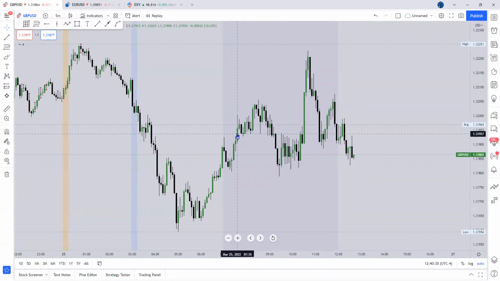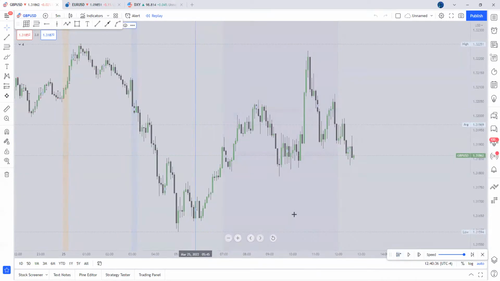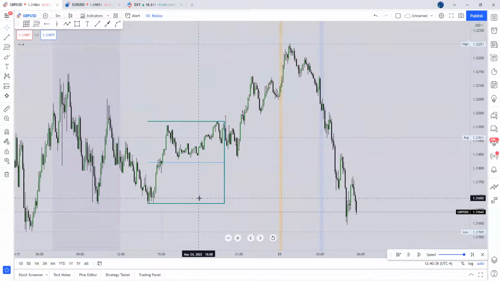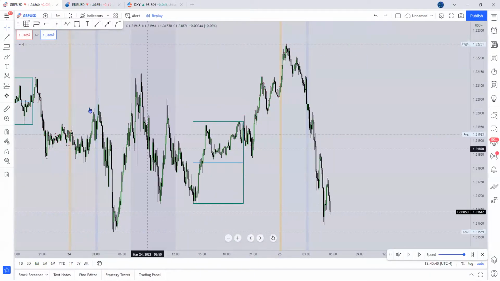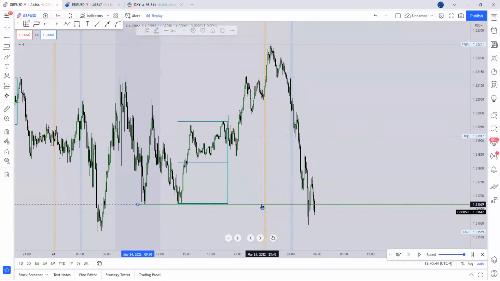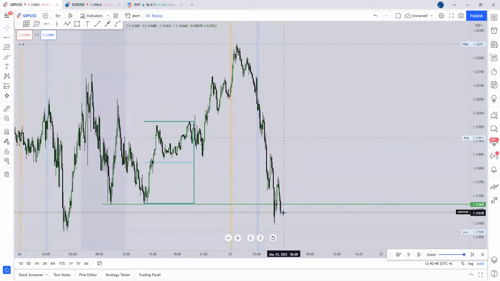So if we're looking at this objectively, let's say we're looking around this area, right? Middle of London. We see that we've just taken out a point of liquidity. So if we've just dipped into liquidity, perfectly fine, right? We've gone below it.